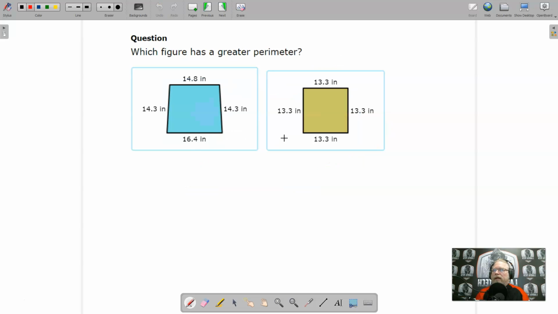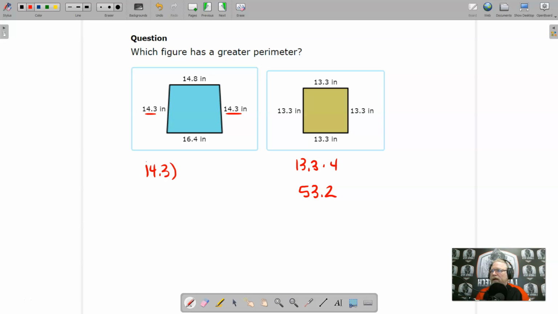Next one, over here on the square, that's pretty easy, right? 13.3 times 4. So let's go and do that. 13.3, and we're going to multiply that times 4. And that's going to give us 53.2. Now over here, we have 14.3. So we're going to do 14.3, and we'll multiply that times 2.